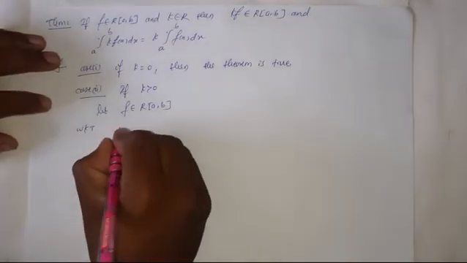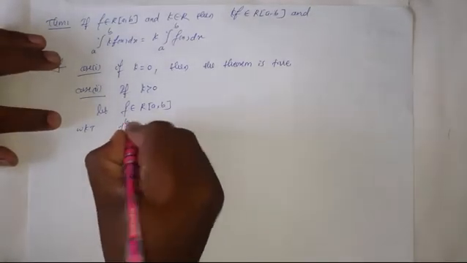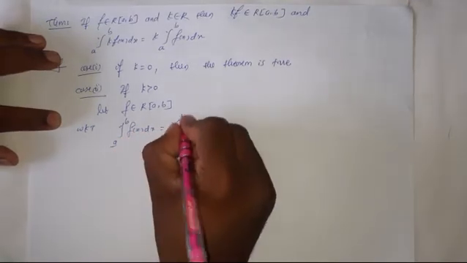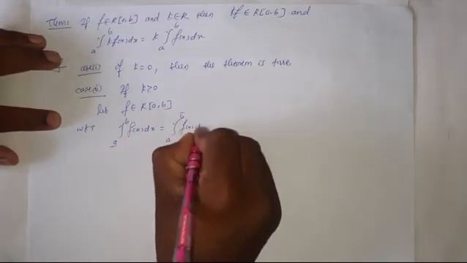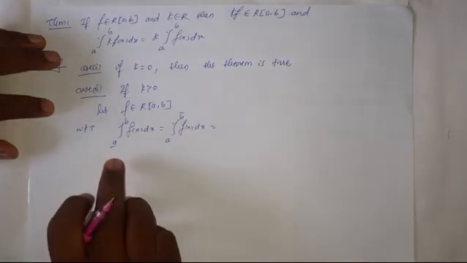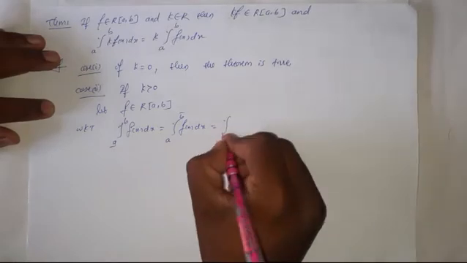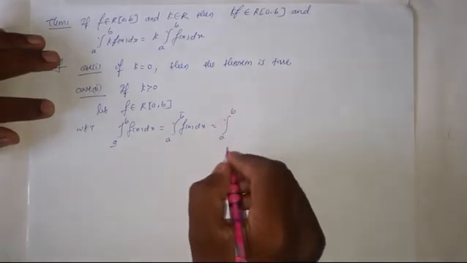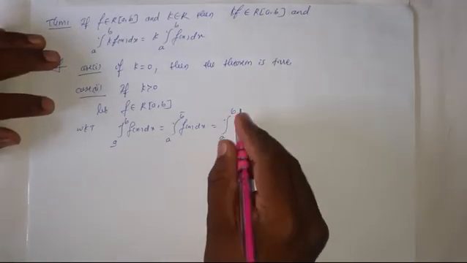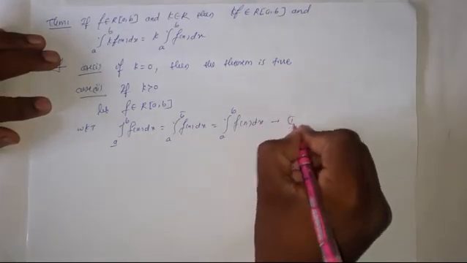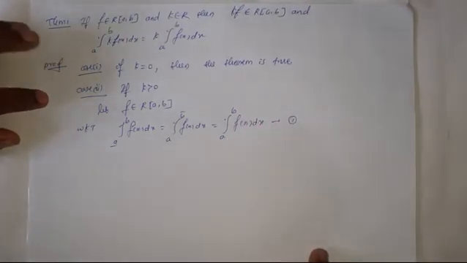So therefore we can write the lower integral from a to b of f of x dx is equal to the upper integral from a to b of f of x dx, which is equal to the common value, that is the Riemann integral, integration over a to b of f of x dx. Let us consider this as the first equation.